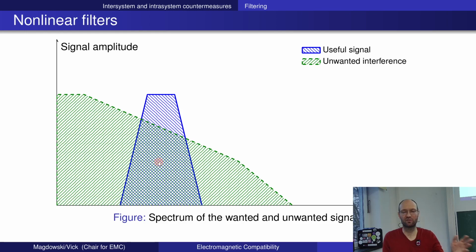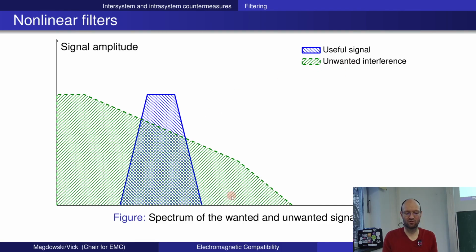If you transmit a clock signal somewhere, if you transmit data, you have some channel where you transmit. And short transient disturbances have a broad spectrum, so they will overlap with your useful signal. That's why you cannot filter out this green marked unwanted signal here with some linear filter, because then you will also filter your useful signal.